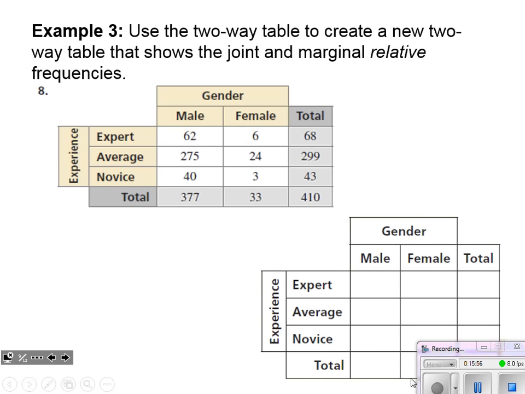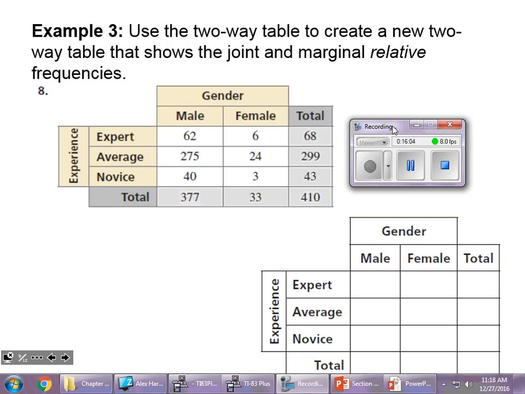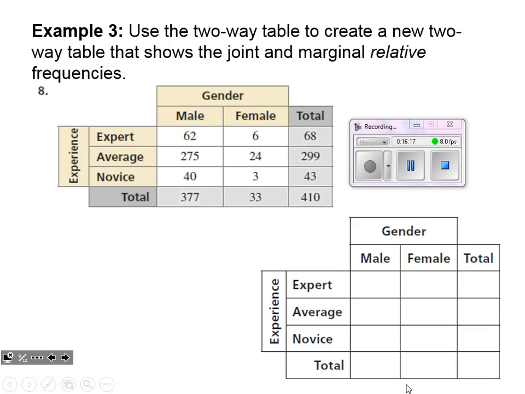Okay, for the next one, looks like I'm going to have to get my recording window out of the way. So here we are given a two-way table, and we're going to adjust that to show the joint and marginal relative frequencies. So now we're going to incorporate the sample space in here, and notice that everything is out of 410 total surveys taken, I guess you could say.